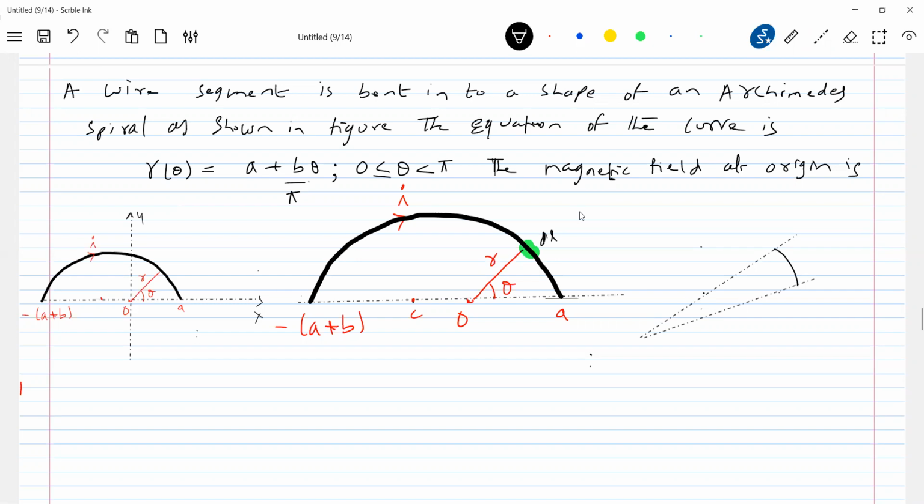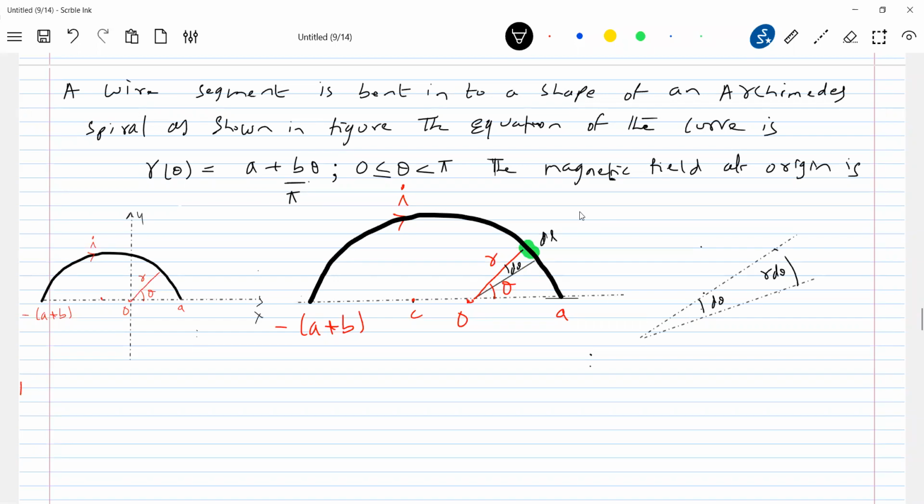If you take this as theta, this will be r d theta, and this will be d theta. This diagram I draw is very important. Is it okay?